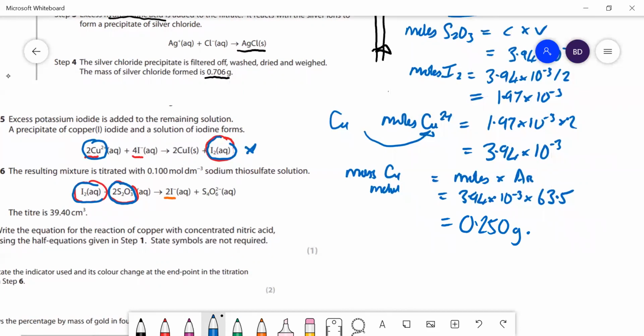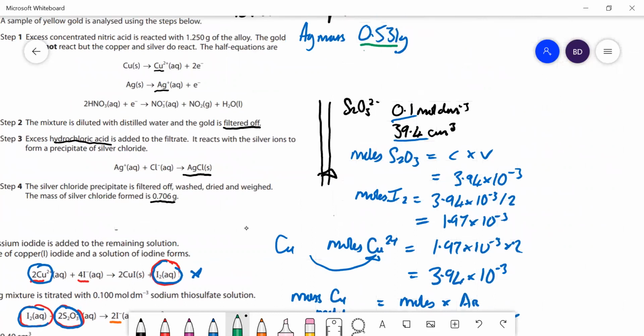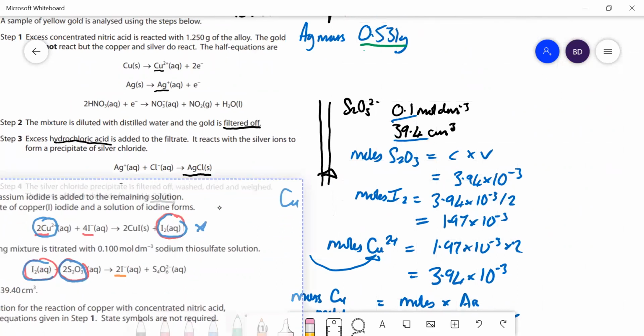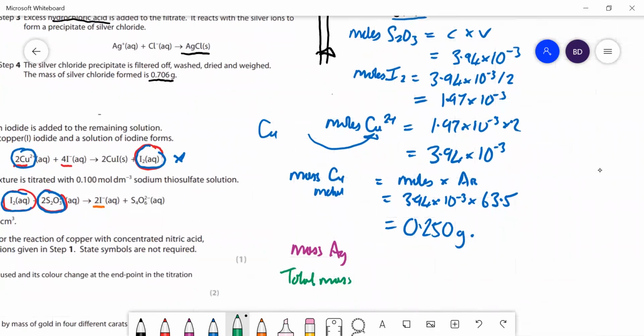The mass of silver from earlier on, and the total mass I'll write down here as well. So the mass of silver we worked out, if I just scroll up a bit here, was 0.531 grams. The total mass was 0.706.